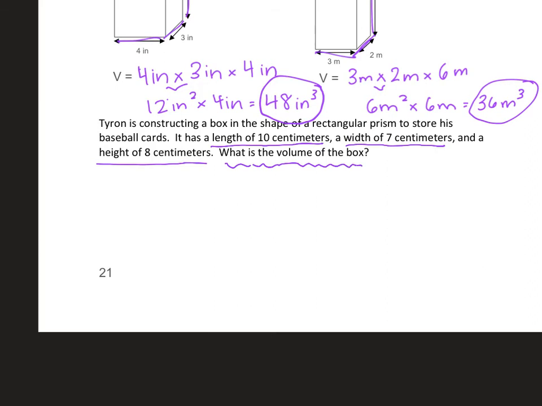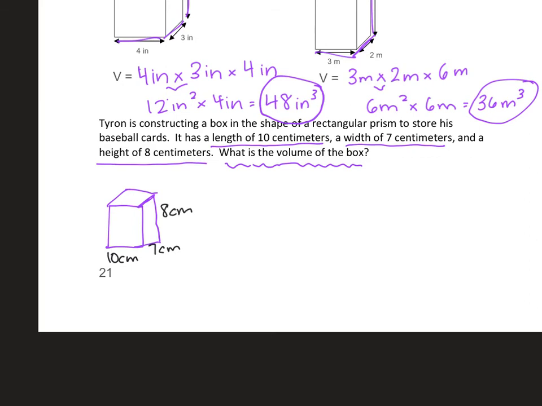Okay, so if you want, you can draw a little cube if you're good at that. I am not very good at that. All right, so I know that the length is 10 centimeters, the width is 7 centimeters, and the height is 8 centimeters.